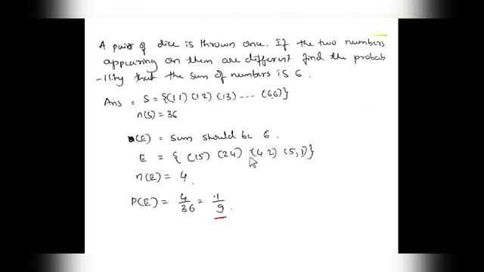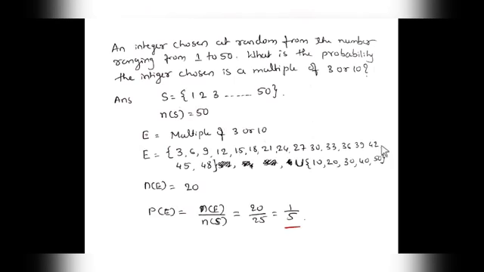I cannot take 3 and 3 here because both numbers are the same. Now, total outcomes in the event E, n of E, is equal to 4. Probability of event E is equal to 4 divided by 36. Therefore, after simplification, we'll get 1 divided by 9.